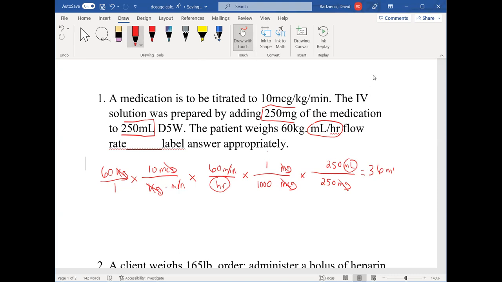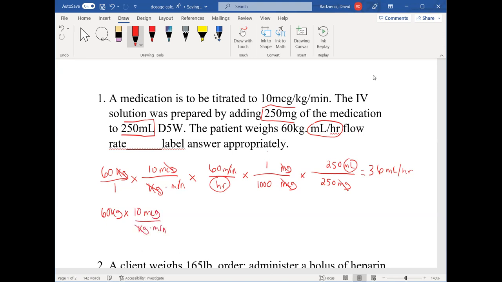Okay. So come back here, 36 milliliters per hour. Then I'm going to come down here and I'm going to show you an alternative way. If I'm doing this at Allegheny campus, I would take my 60 kilograms times my 10 micrograms per kilogram per minute.